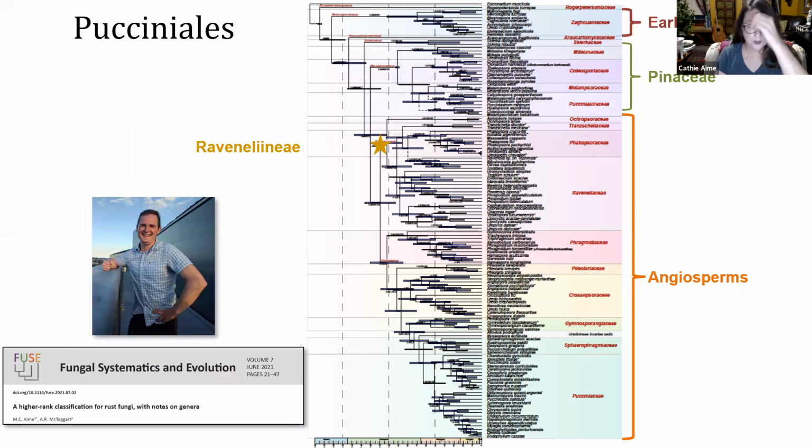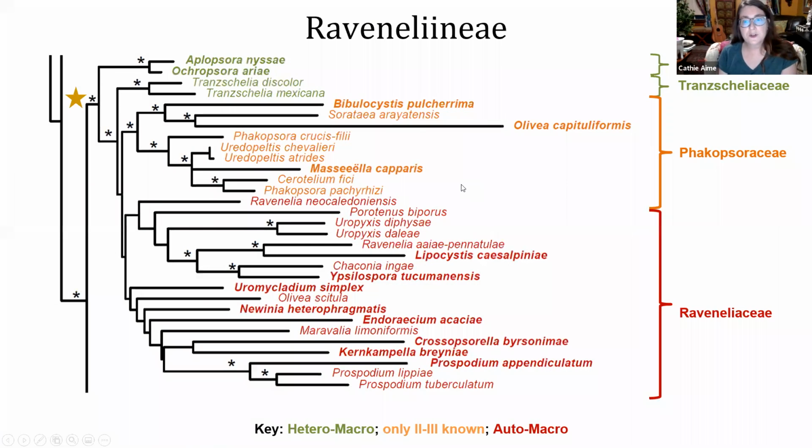And so to answer this now, I want to look just at this one suborder here. This is the Raveneliineae, and it has 4 families. And what's interesting about these 4 families, the 2 earliest ones are heteroecious and macrocyclic. So they're that typical 5-spore stage host alternating rust.